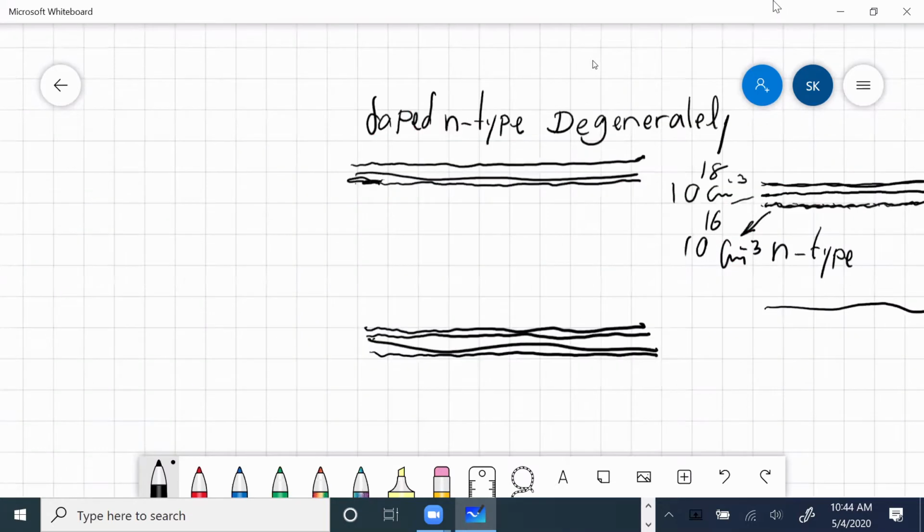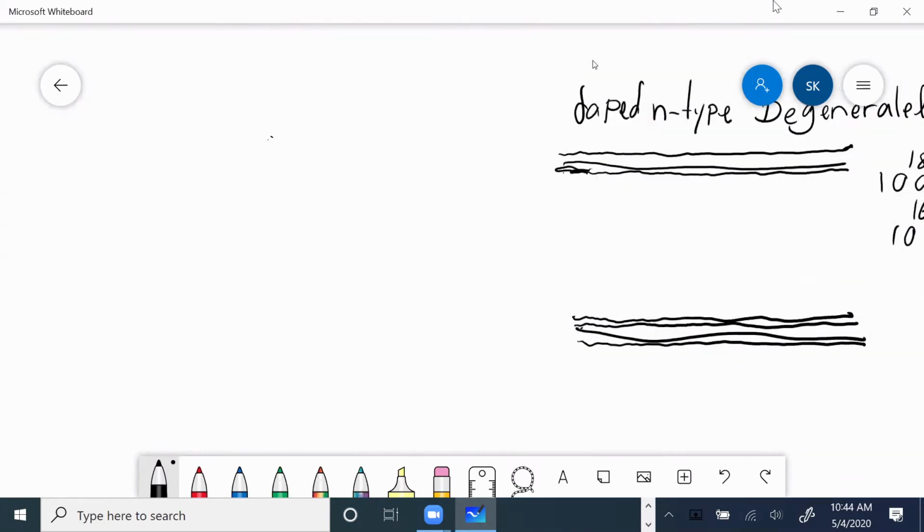So now let me draw some semiconductors with Fermi level. This is EC, EV, EF, and call it intrinsic.